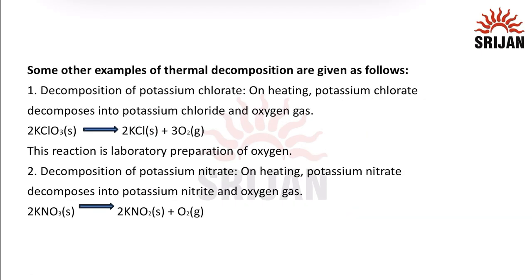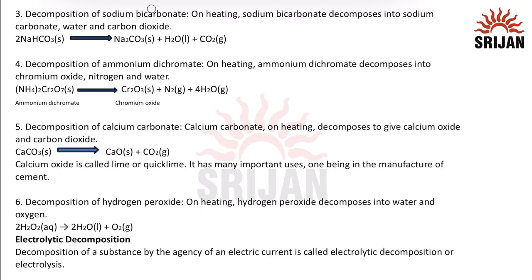Some other examples of thermal decomposition, that means when we have to give heat in the beginning, are decomposition by heat. These are the examples of thermal decomposition: decomposition of potassium chlorate into KCl and O2, decomposition of potassium nitrate into KNO2 and O2, decomposition of sodium bicarbonate into sodium carbonate, H2O and CO2.